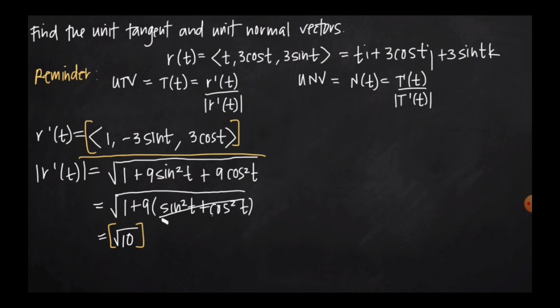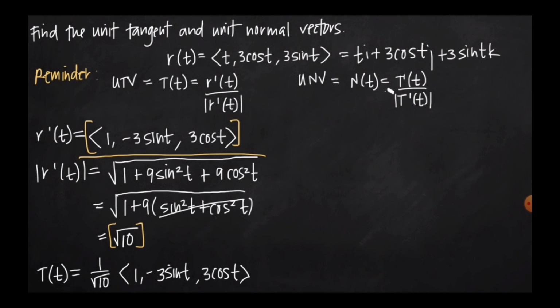But instead of writing it that way, we're just going to pull this square root of 10 out in front, and we're going to say that the unit tangent vector, capital T of t, is going to be 1 over square root 10, we pull that out in front, multiplied by these components, 1, negative 3 sine of t, comma 3 cosine of t, like that. And that's how we'll define the unit tangent vector.